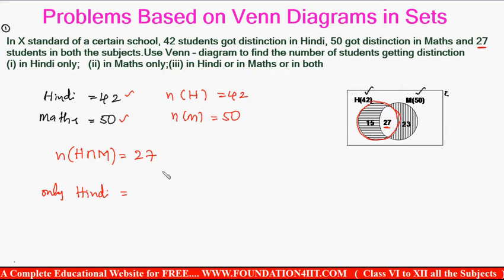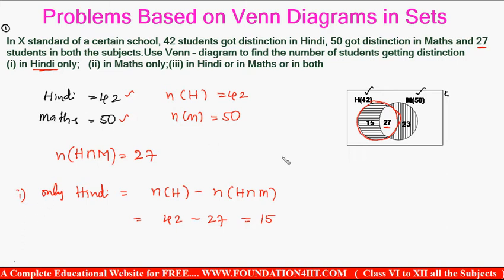That means from n of H, from total H, the common is 27, that is n of H intersection M. So here n of H is 42 minus 27, that is equal to 15. So only in Hindi, just only in Hindi got the distinction is 15 members, right?